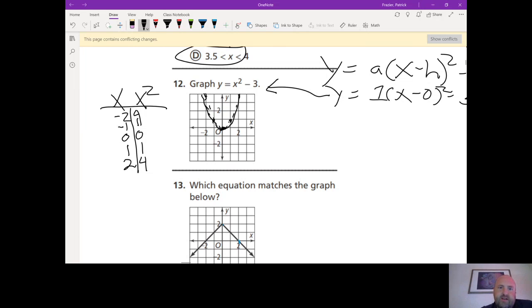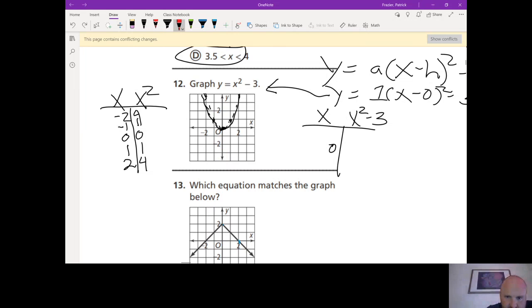And then what we're going to do is x squared minus 3. So if I substitute x for 0, 0 squared is still 0, 0 minus 3 is negative 3, so this would be negative 3, and let's use red instead. Not that red though.